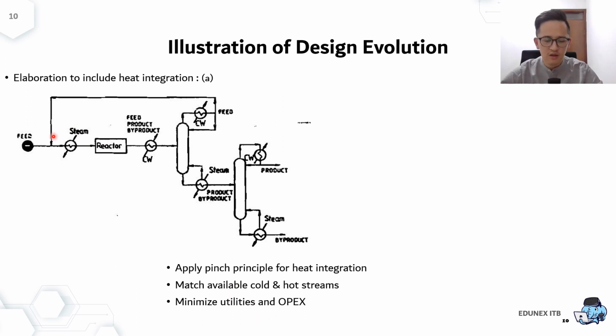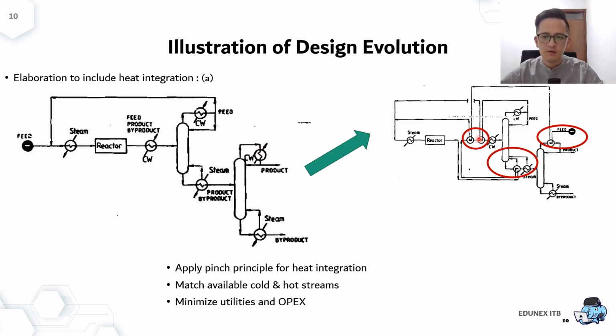For example, in this case, you have a preheater before the reactor using a heating process, and then you have a cooler after the reactor using cooling water. This is a standard heat integration process. You can match these two exchangers into one exchanger. In that case, you will be able to minimize the utilities required.